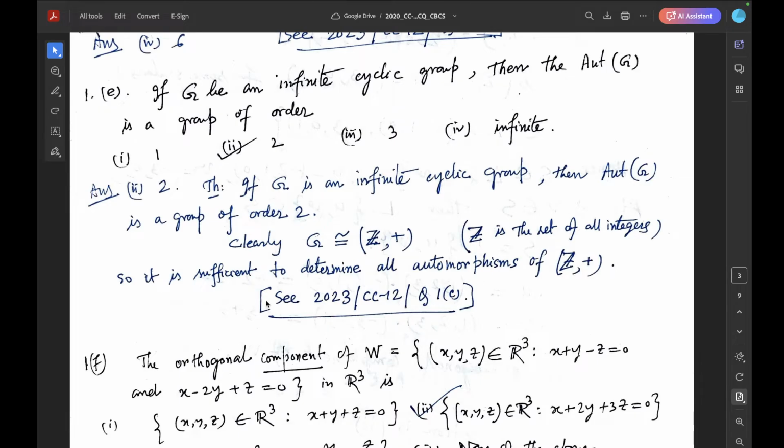Details answer in the 2023 paper CC-12 question 1C. Correct option is 2.